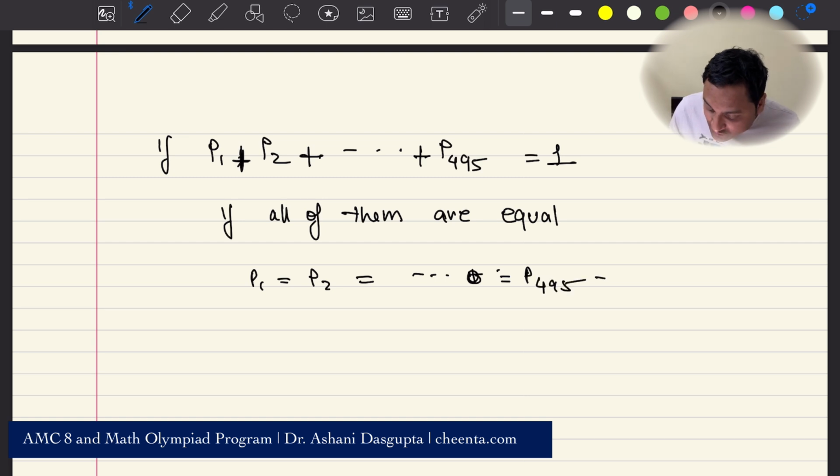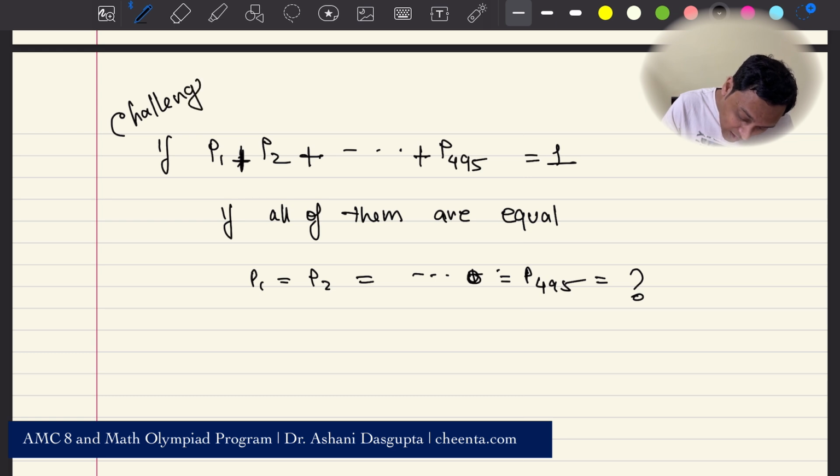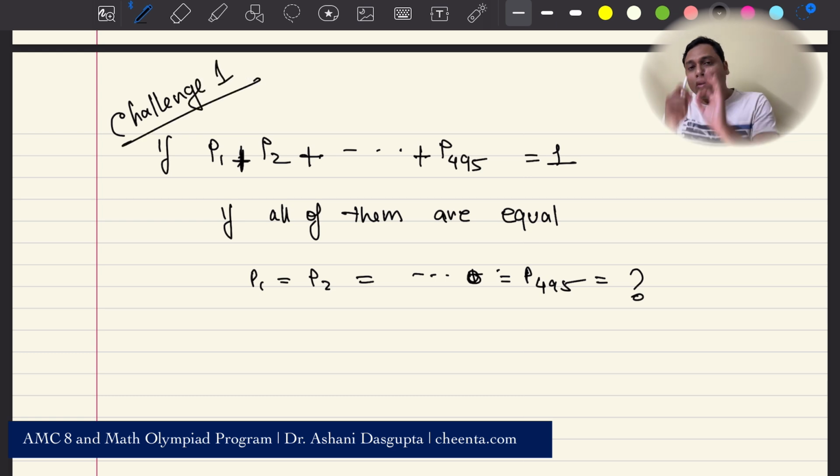Can you tell this to me in the comment section? This is challenge 1. If all of them are equal, then what is the value of each of them?